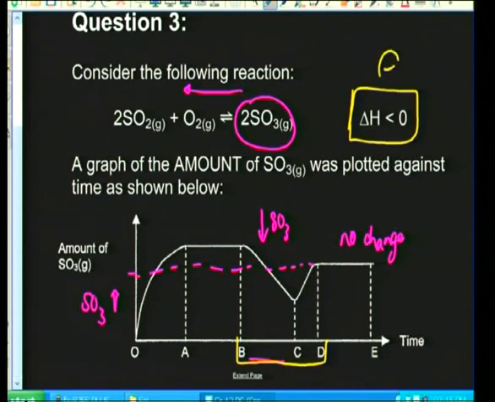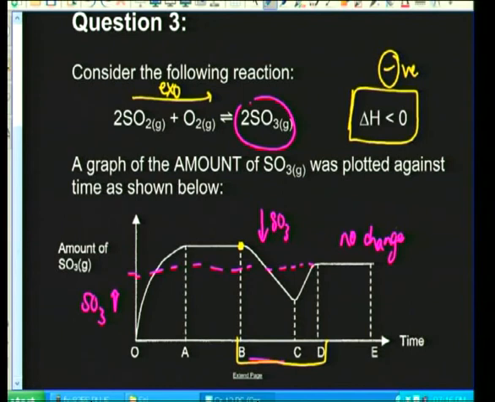So I always write in that is a negative value. That's my little acronym for negative. That negative value says to me that this forward reaction is exothermic.